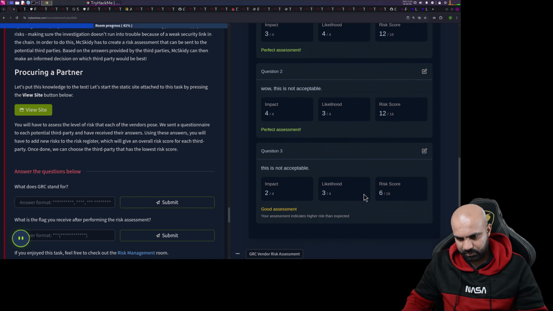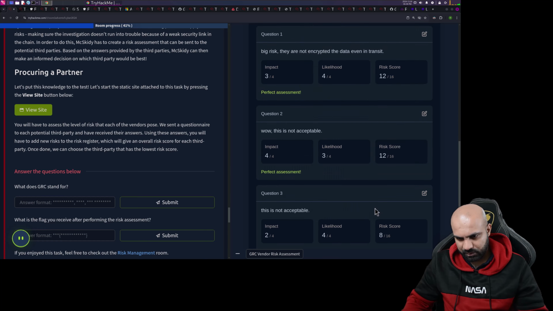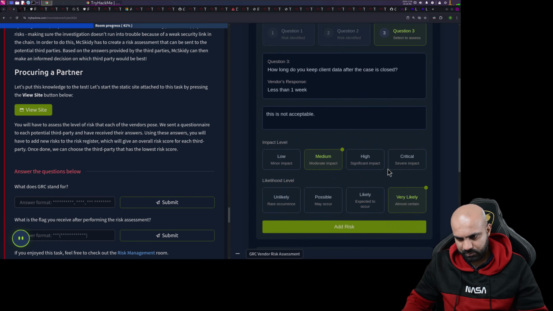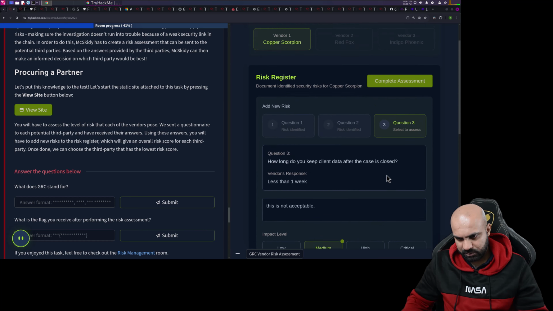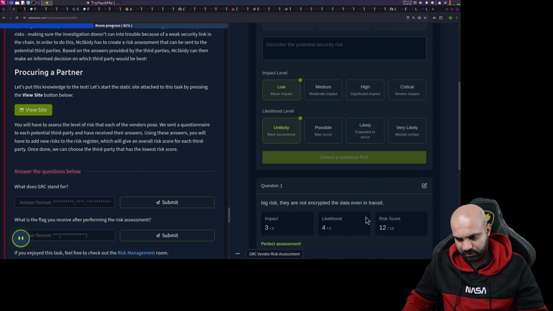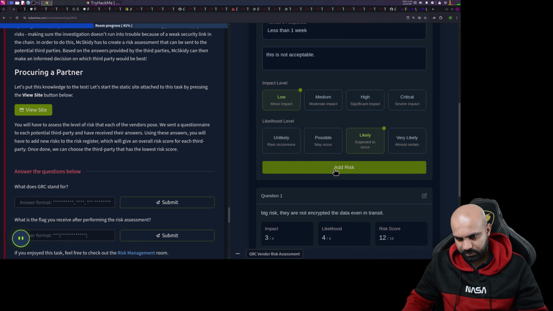What about likelihood? We change. What about very likely? Okay. Good assessment. So high. What about low impact?